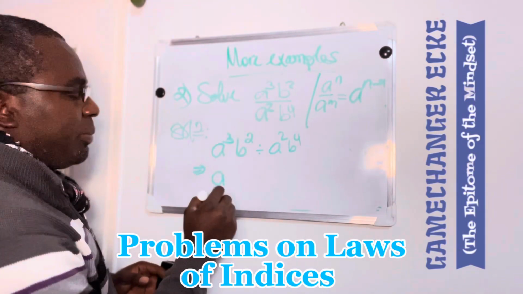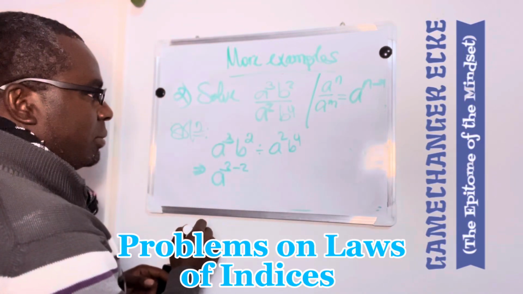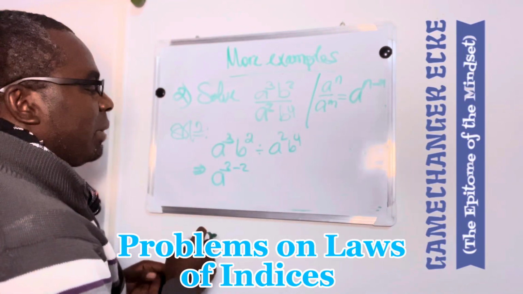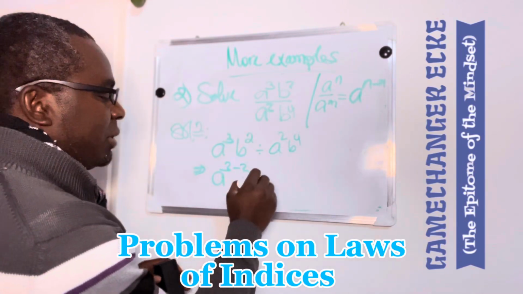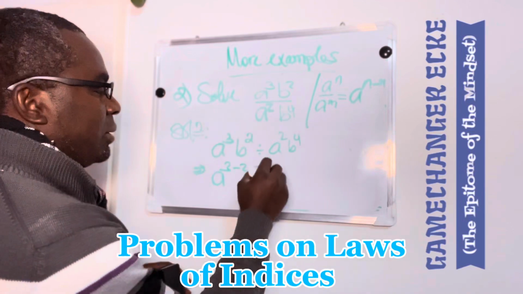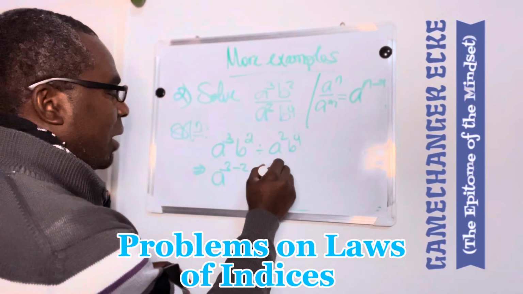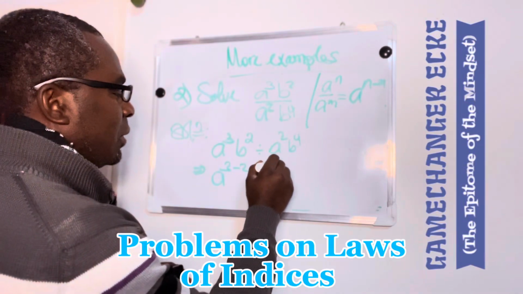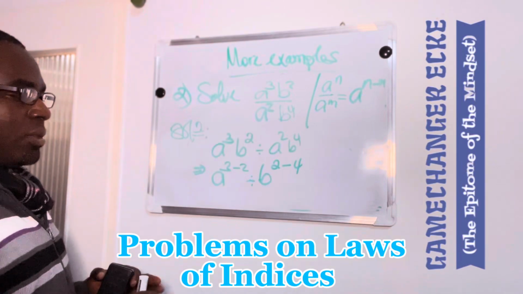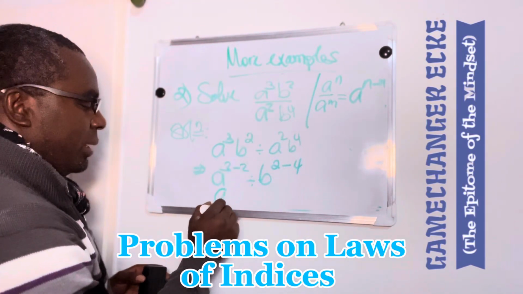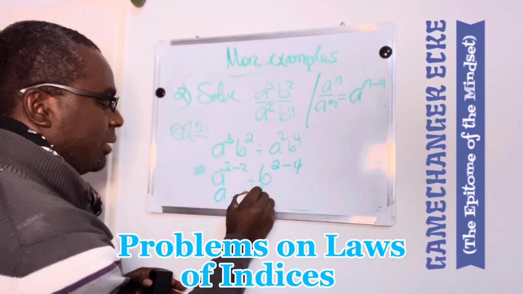We take the common bases: a to the power 3 minus 2, divided by b to the power 4 minus 2. So this one now will give us a divided by b squared.